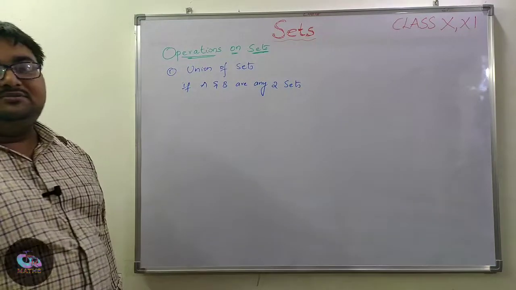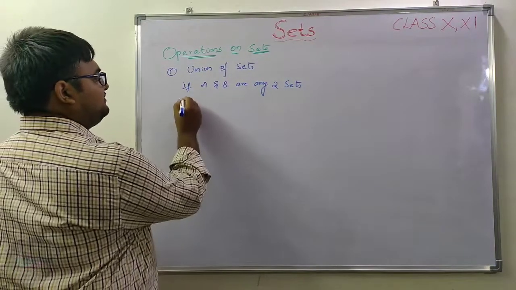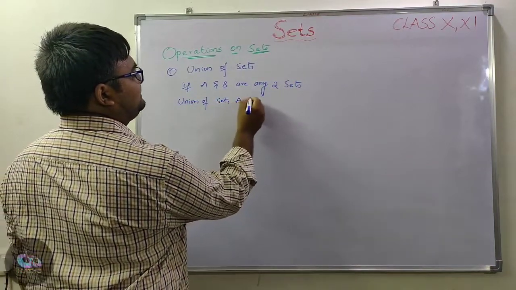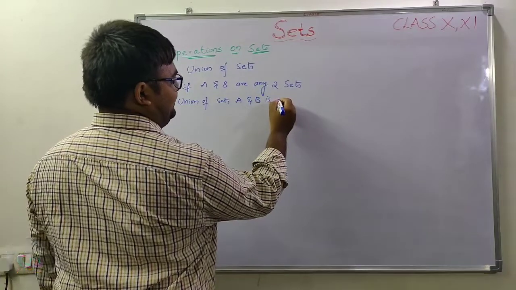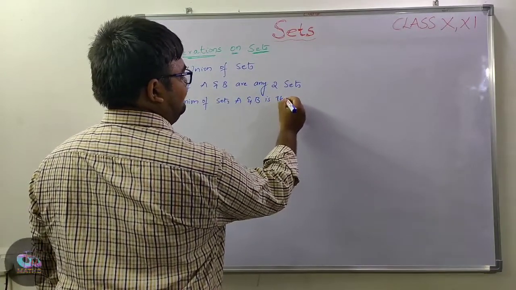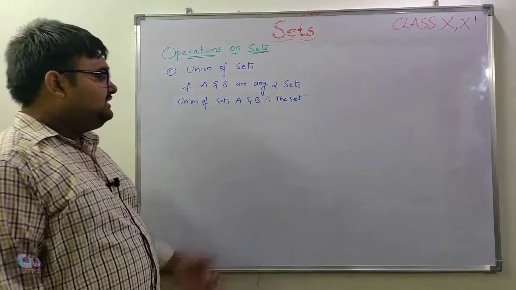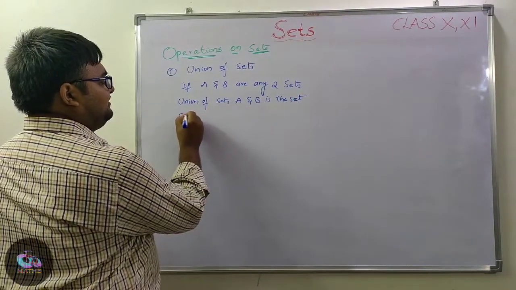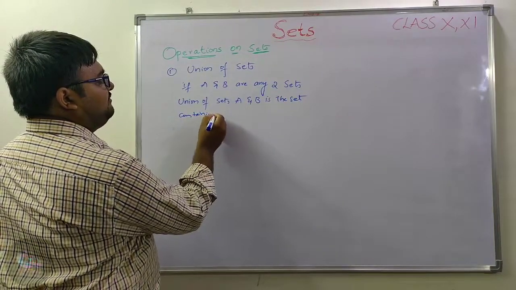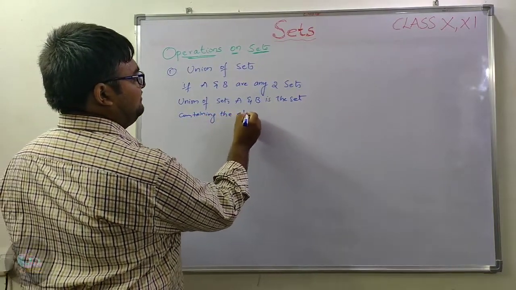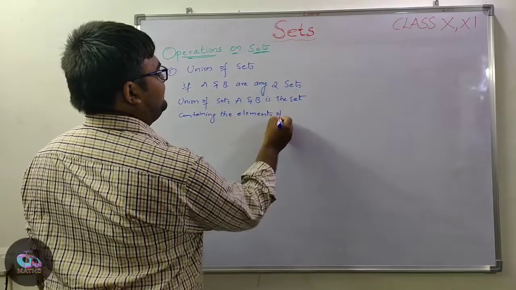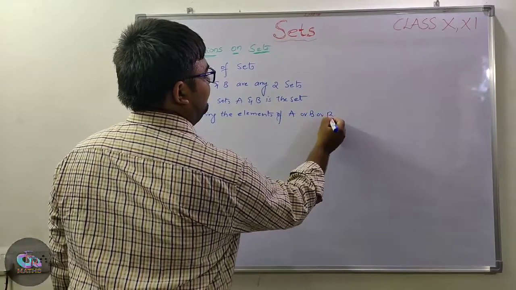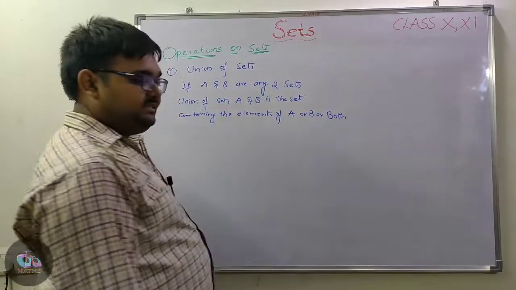If you consider any 2 sets A and B, then union of sets A and B is again a set, the set containing the elements of set A or set B or both the sets.